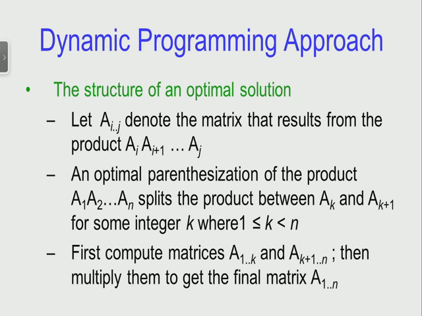Therefore, the approach for computing the product would first be to compute the matrices A1k and Ak plus 1 n, and then compute the product of these two matrices to get the final matrix A1n.